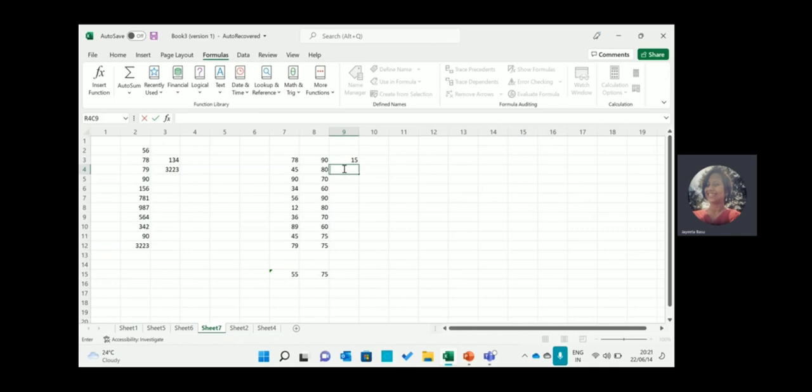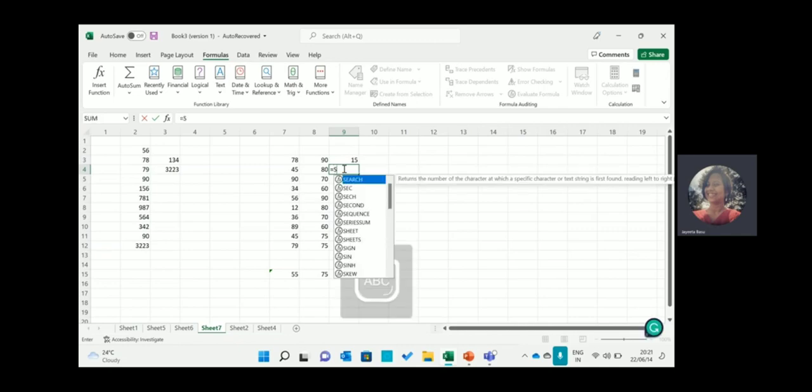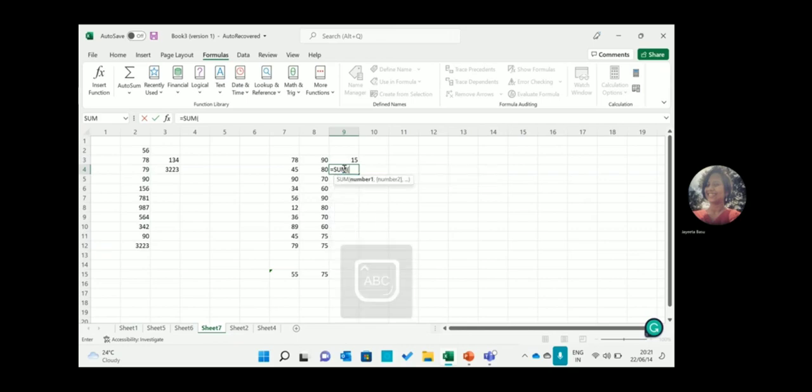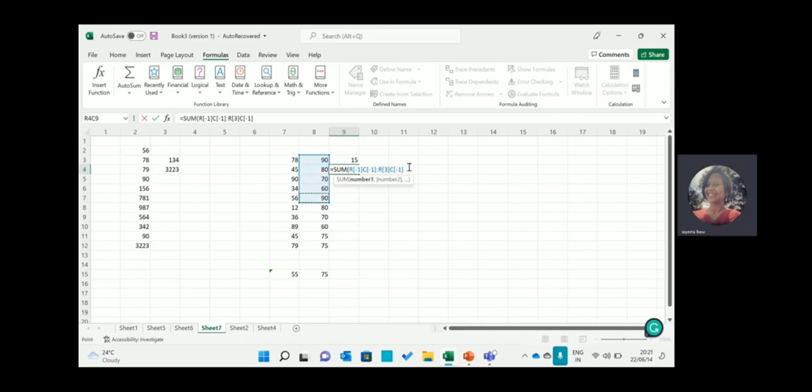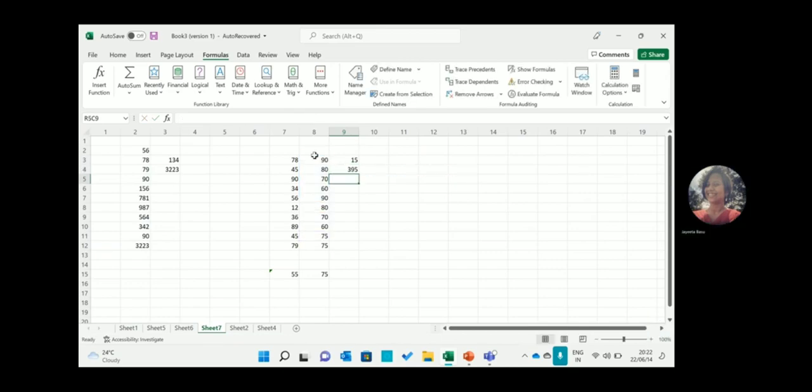For example, I can do equals to sum, select this value and select to this value, comma, and let's say use this and do a minus and do this, the bracket, and I will get the exact sum and minus of this.